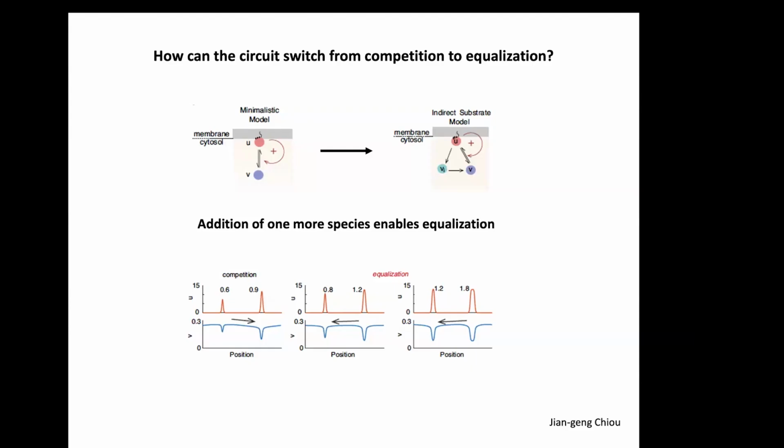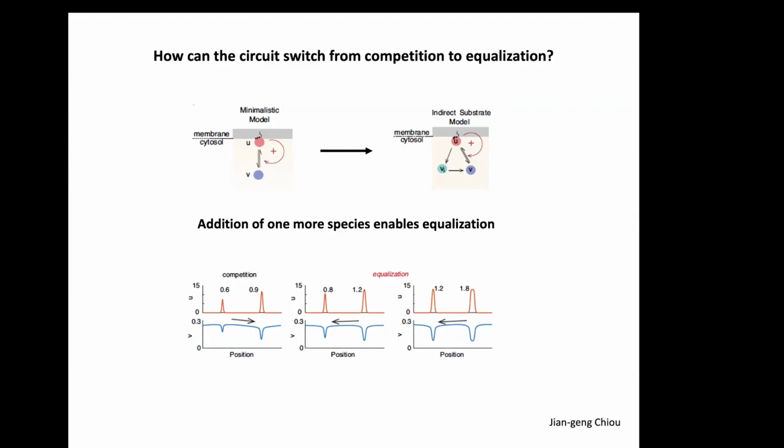That's how competition works. Once you have an indirect substrate and the peaks are large enough and they're beginning to get saturated here, now what happens is you've released a species that isn't immediately sucked back up by this peak. It goes a little bit further out. So instead of being down here, it actually makes the neighborhood around that dip higher.